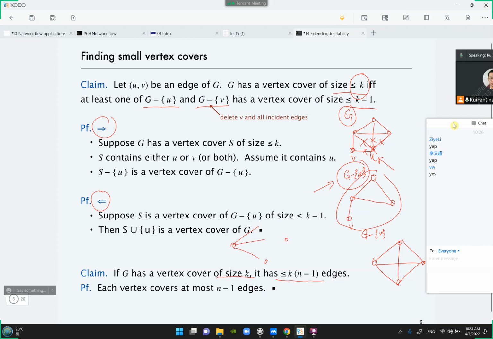However, each node in the vertex cover can cover at most n minus 1 edges, since each node is adjacent to at most n minus 1 edges. And since you have at most k of these nodes, in total you have at most k times n minus 1 edges.